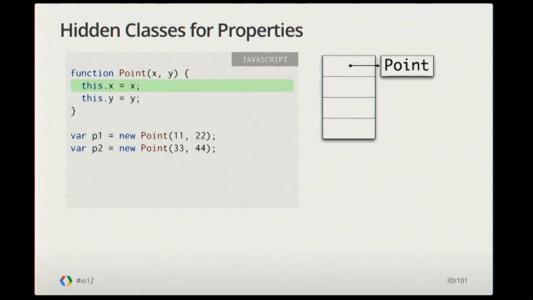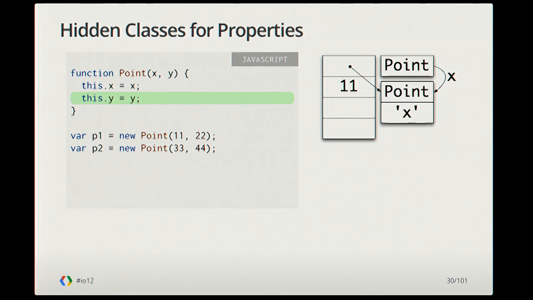The first entry in the Point object is a pointer to an empty Point hidden class. And as we assign to the members in Point, V8 realizes you're changing the hidden class by adding a member to it. And we create a new hidden class, and the Point object gets assigned to this new hidden class.